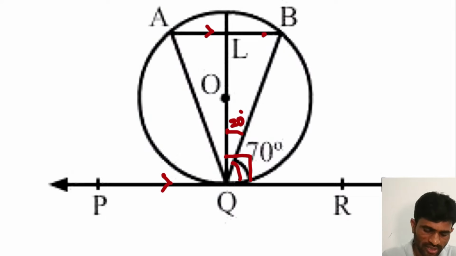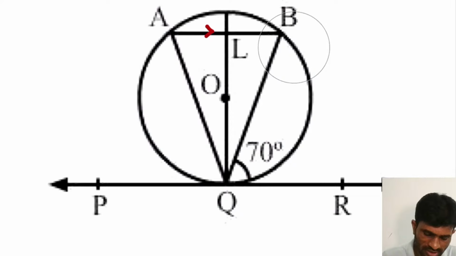These two are alternate interior angles. This one and this 70 outside angle. So here again I am writing this is 70 and this is also 70, alternate interior.